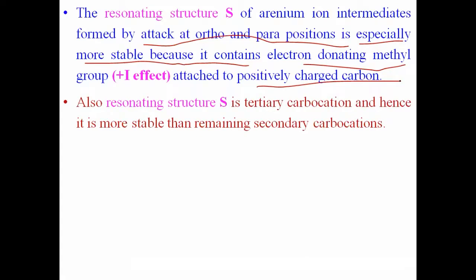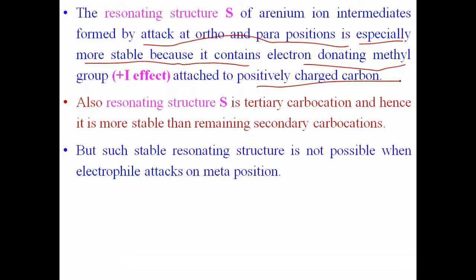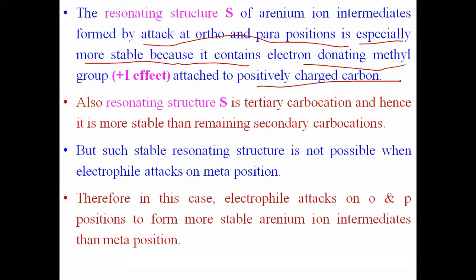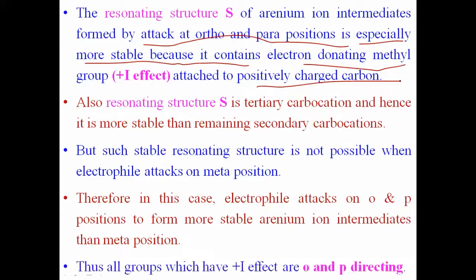Also, in the resonating structure, it is a tertiary carbocation, hence it is more stable than the remaining secondary carbocations. But that stable resonating structure is not possible when electrophile attacks on the meta position. Therefore, electrophile attacks on the toluene at ortho and para position to form a more stable Arenium ion. And therefore, that alkyl group, that methyl group, is ortho and para directing.